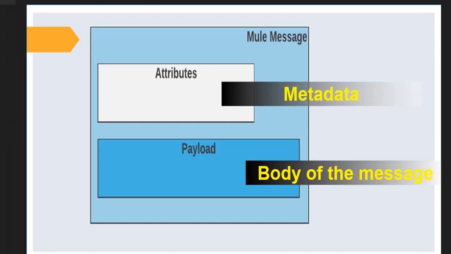Once we start our practice in our upcoming sessions, you will get to know how the Mule message will look, what is attribute and what is payload. So payload we already discussed, like payload is the result or output body of the message, and attributes is metadata. What is metadata? Just ignore now, we can see this later. So just remember the two different parts a Mule message will have.